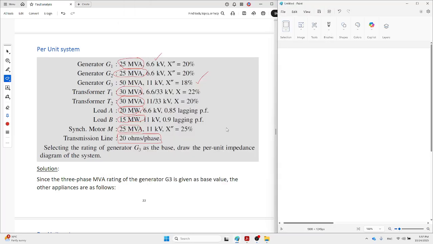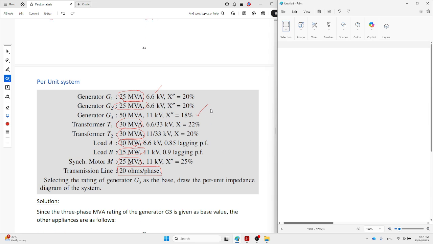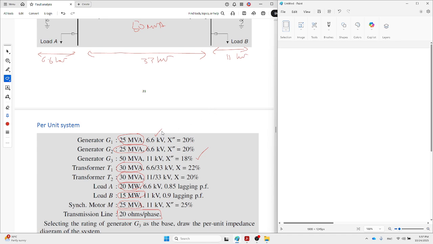We are going to find the new impedances in per unit for this system. For generator number one, as you can see, this is the value. What is the formula for converting the impedance to new?